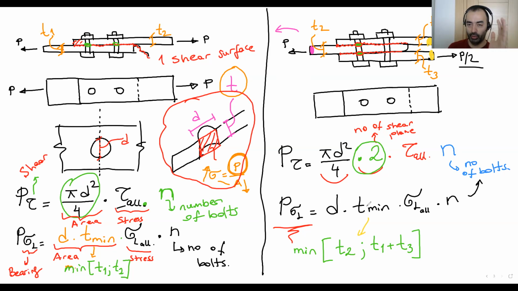For the left-hand side, there is only one plate, which is T2, the mid plate. For the right-hand side, the top and bottom plates work for the right. So take into account the combination of these two, T1 plus T3. Okay. That's all for this one, actually.